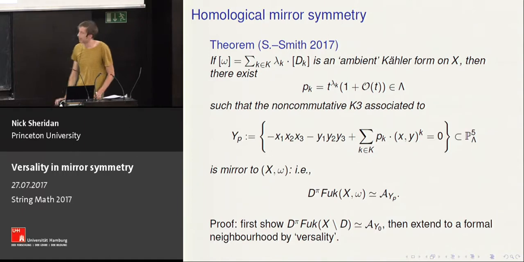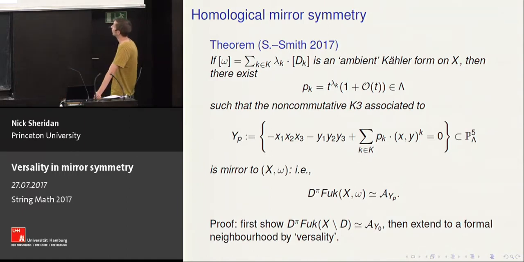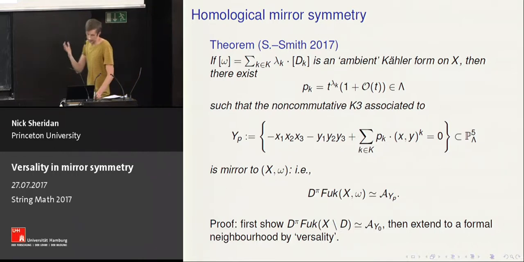And then we define coefficients pk in this Novikov field for each of these divisors k. The leading term in each of these coefficients should be t to the lambda k, where lambda k is the coefficient of the corresponding divisor in the Kähler form.